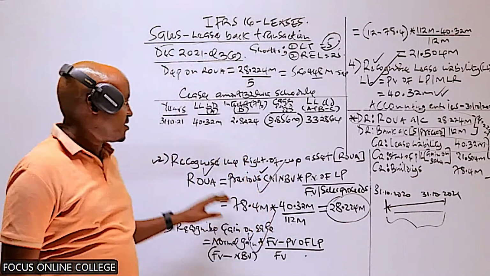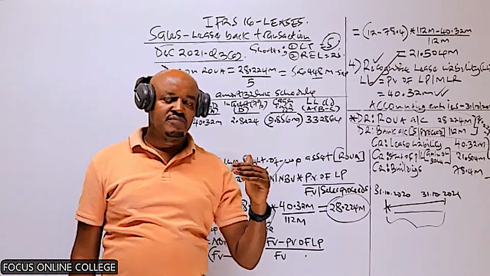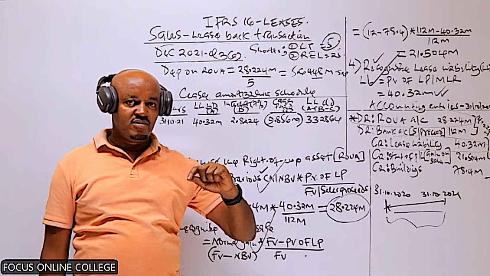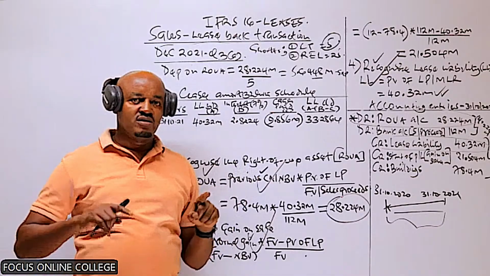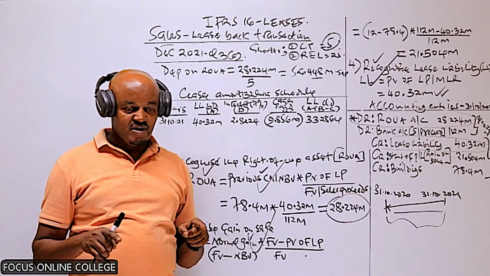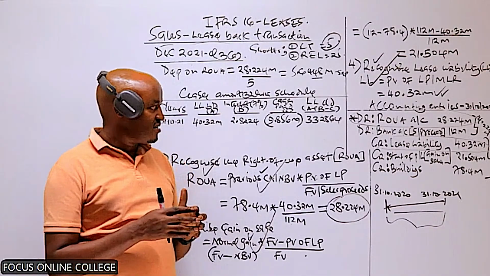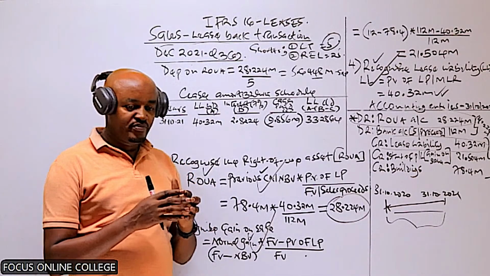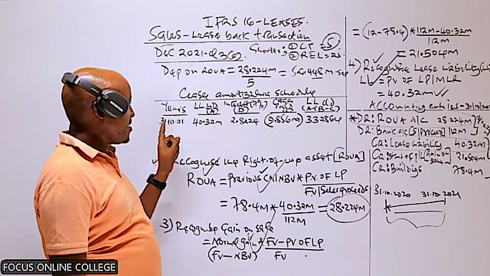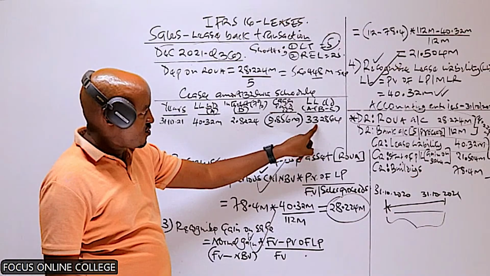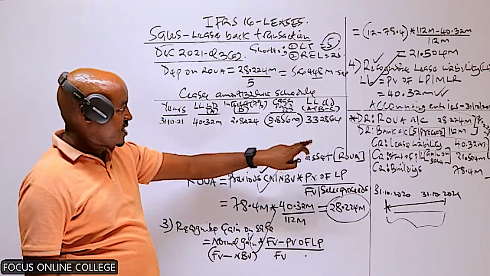Now, we want to prepare the financial statement extract for the current year. First of all, this will be recognized in the income statement as an expense. But to determine the lease liability to be recognized in the statement of financial position, we must prepare this amortization schedule for the next year.